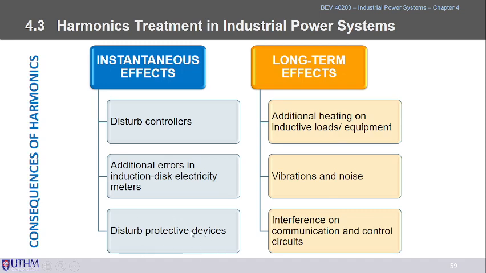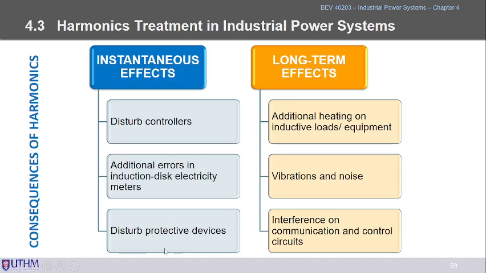So with the harmonic contents, one of the effects is they will add to the power losses. For example, let's say the power supposedly is 100. With the harmonic content, it might be 120 already. It might be 120 watts.